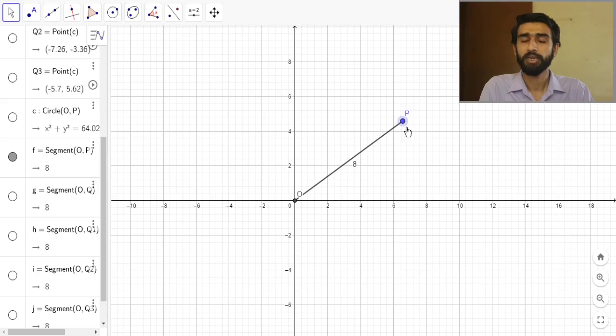Yes, now distance of P from O, the origin, is 8, and distance of P from origin is 8. So point P is equidistant from origin and itself, right? P is related to itself. P comma P belongs to R. So I can say this relation of being equidistant from origin is reflexive. Understood?